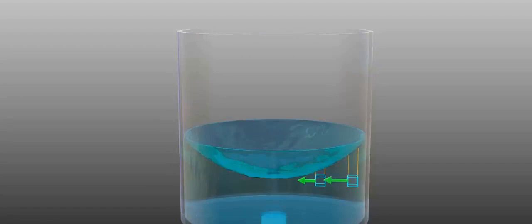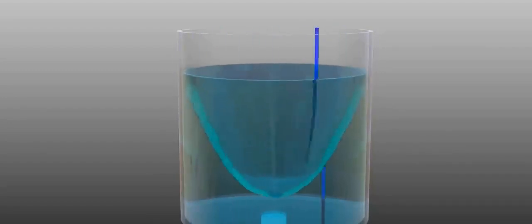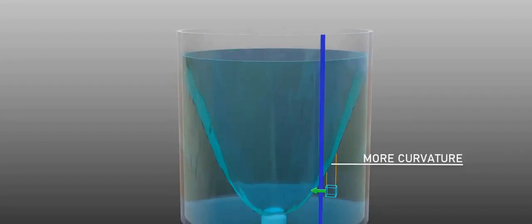To satisfy this increasing centripetal force requirement, the fluid surface has to form a curved shape rather than a straight line. When the water volume rotates faster, each particle demands more centripetal force or more pressure difference across the particle. Therefore, the water surface curves more than in the previous case, or you feel like the water is going outward.